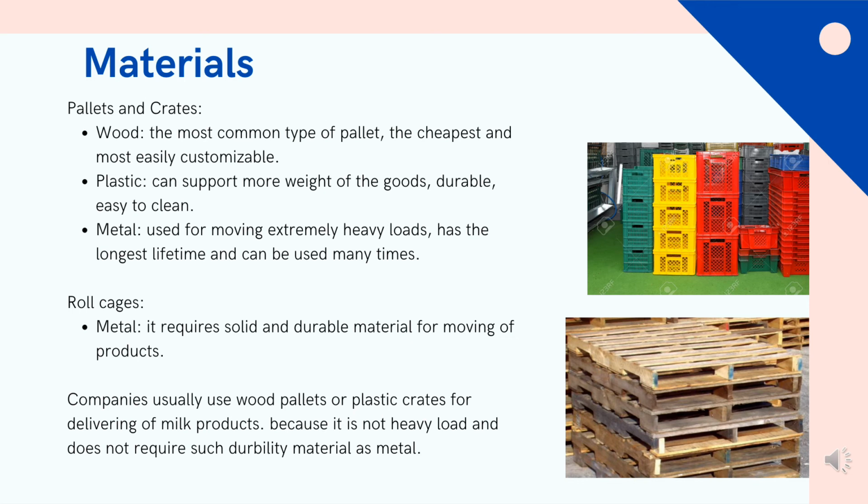Metal is used for moving extremely heavy loads, has the longest lifetime and can be used many times. Roll cages are usually made of metal because they require solid and durable material for moving of products. Companies usually use wood pallets or plastic crates for delivering milk products, because it is not a heavy load and does not require such durable material as metal.